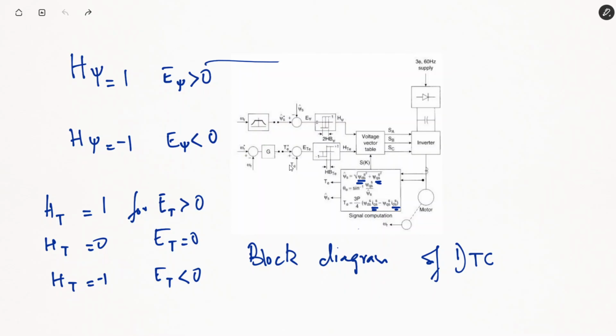So DTC, compared to both vector control and scalar control strategies, is offering much more favorable results. With more and more research going into it, with better control strategies, predictive controllers, etc., there has been a lot of improvement in DTC as well. It's promising much better results as compared to both vector control and scalar control strategies.